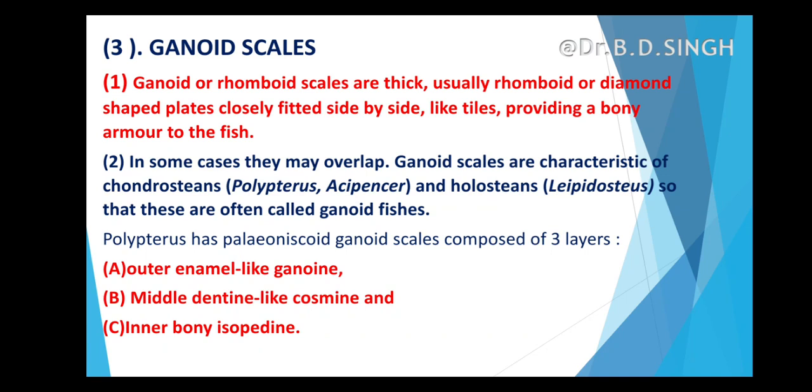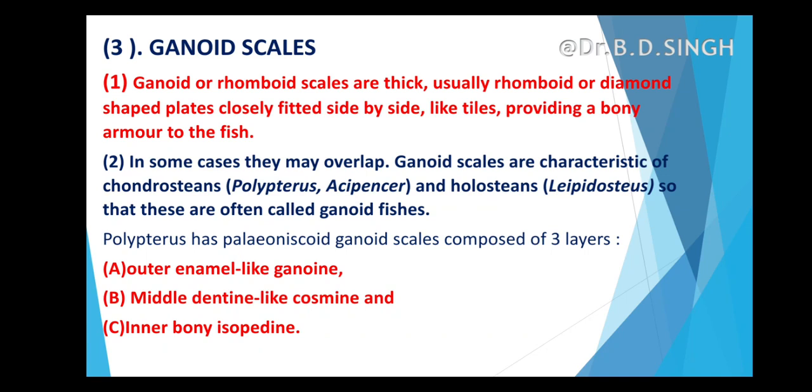Polypterus has palaeoniscoid scales composed of 3 layers: A. Outer enamel-like ganoine, B. Middle dentine-like isopedine, and C. Inner bony layer. Lepidosteus has lepidosteoid ganoid scales with only 2 layers: A. Outer ganoine and B. Inner isopedine.